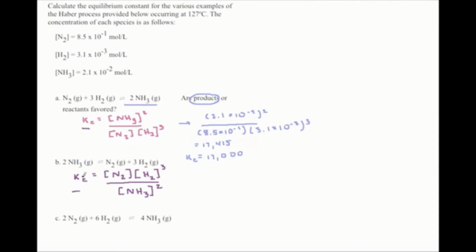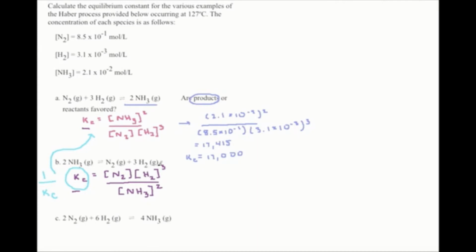To get this Kc equal to this one, all I need to do is flip it. This Kc is going to be equal to 1 over the other Kc.